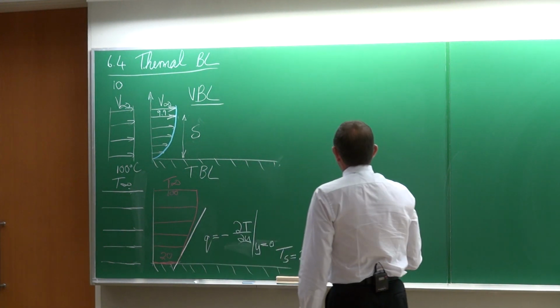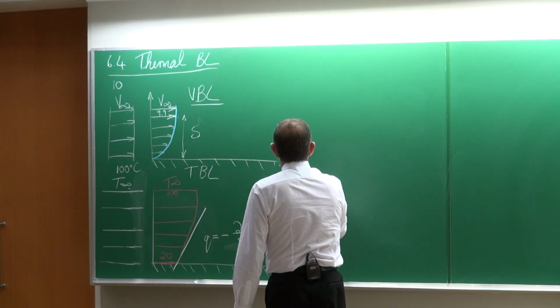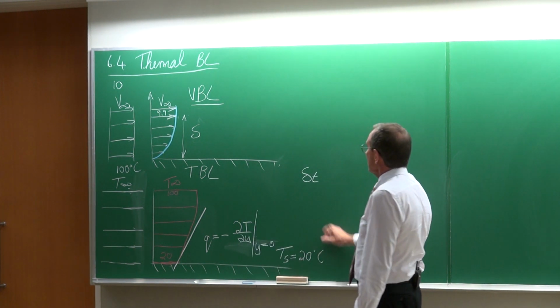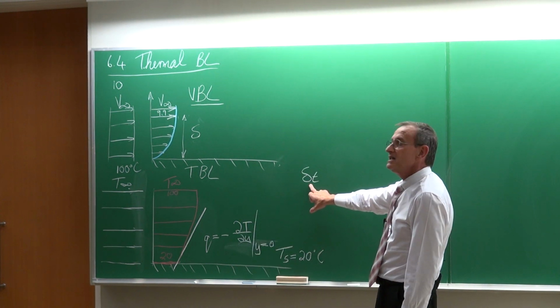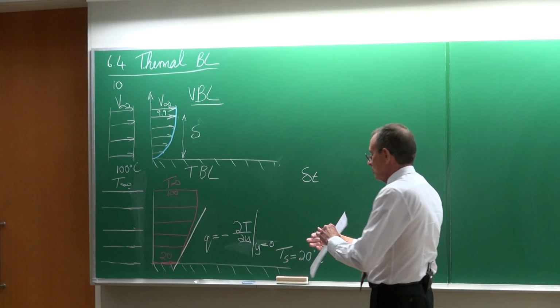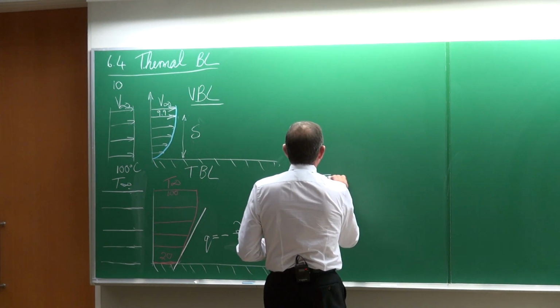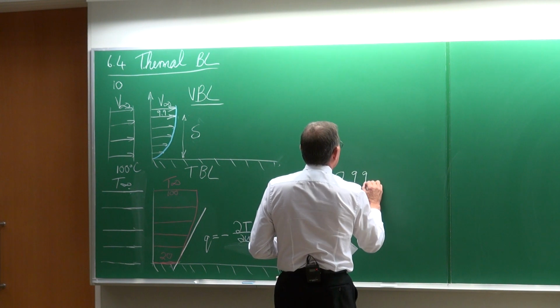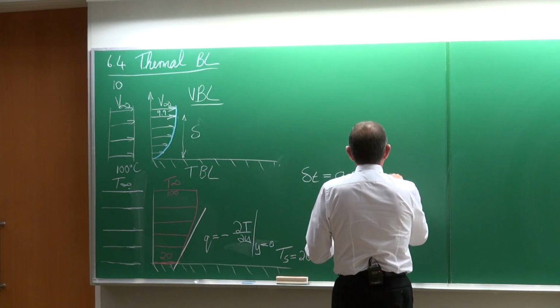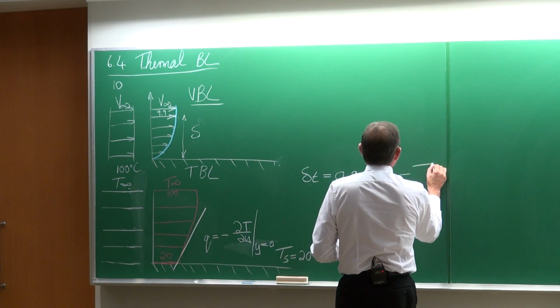But the important thing is that the thermal boundary layer, which is now delta T, the T indicates the thermal, is equal to 0.99 times the temperature difference, T infinity minus T surface.